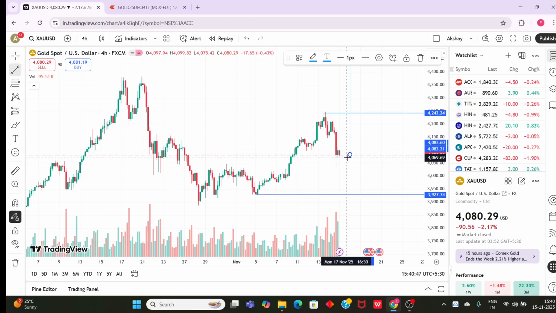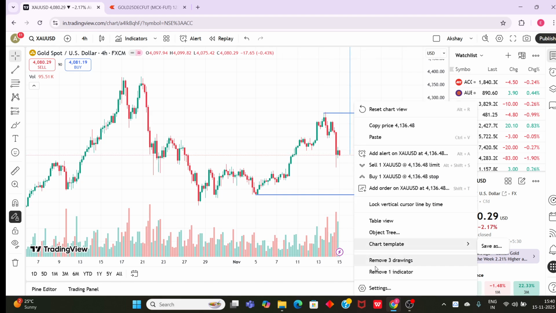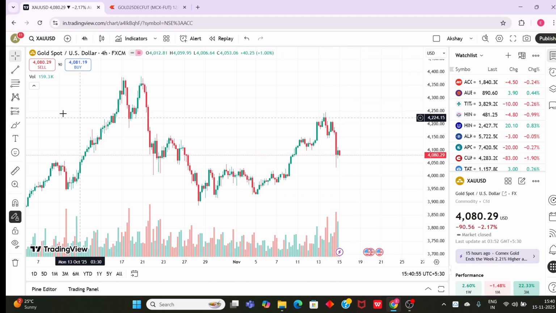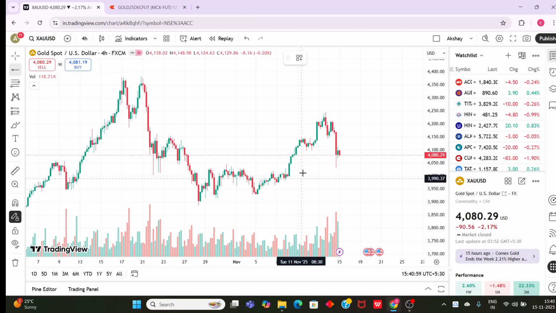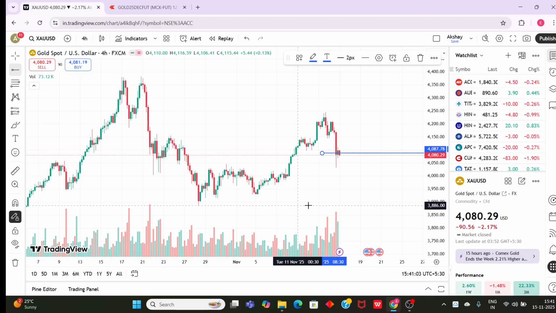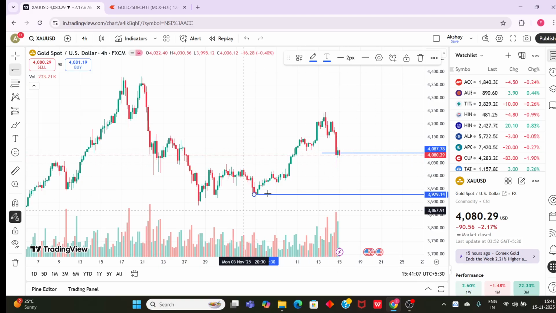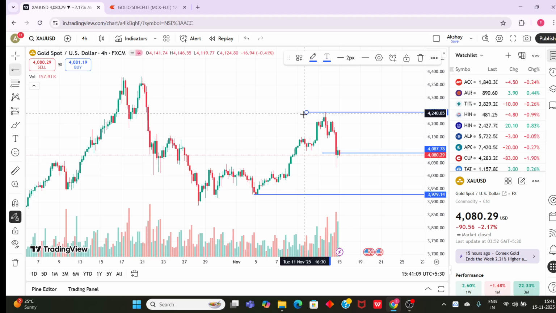So the line at this point is 4085. Okay, let me try, one second. Okay, 4087 or 85, this is the approximate line. This is the low and this is the high.